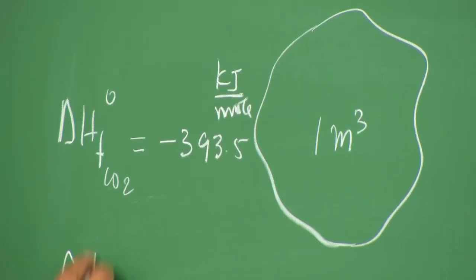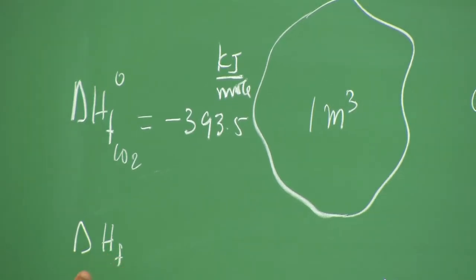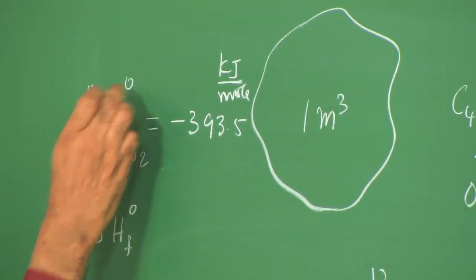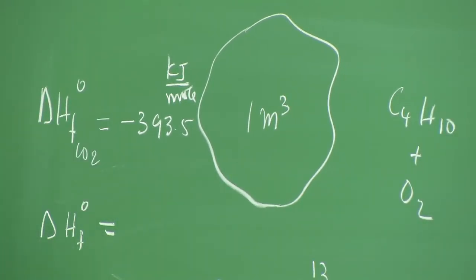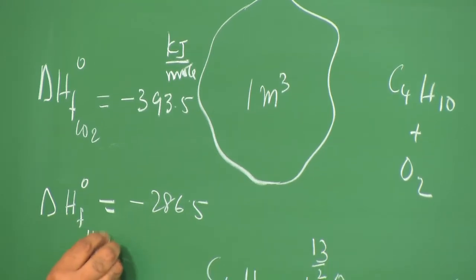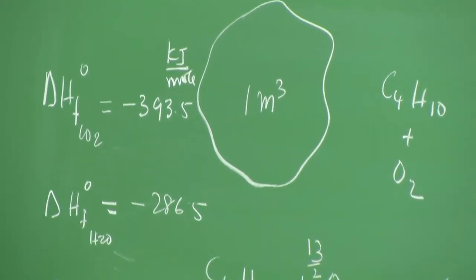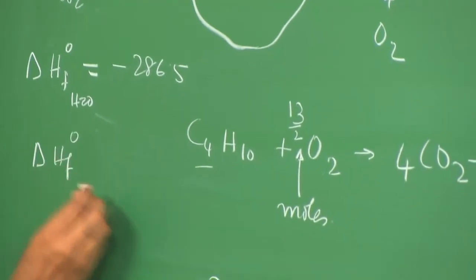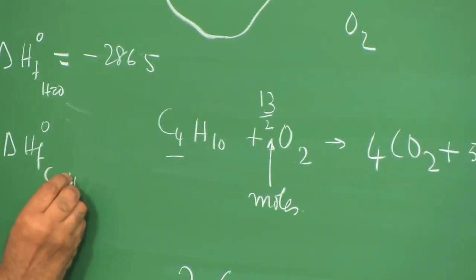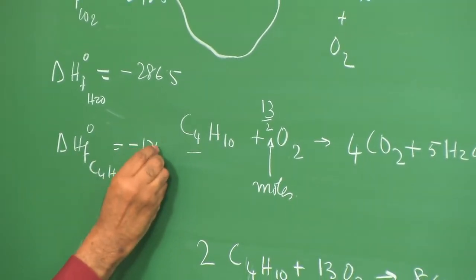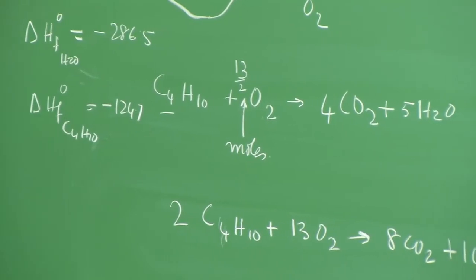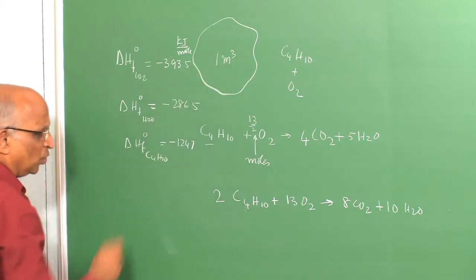The heat of formation of water at the standard condition, that is the standard heat of formation, was equal to minus 286.5 kilojoule per mole, and this is for water H2O as liquid. And the heat of formation of butane C4H10 was equal to minus 124.7. This is all in kilojoule per mole.